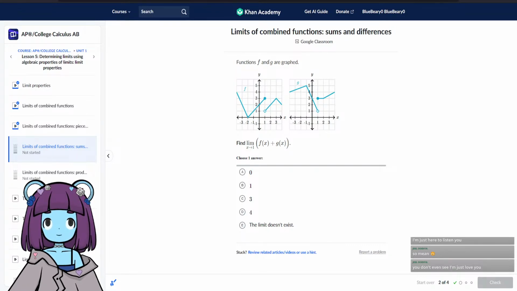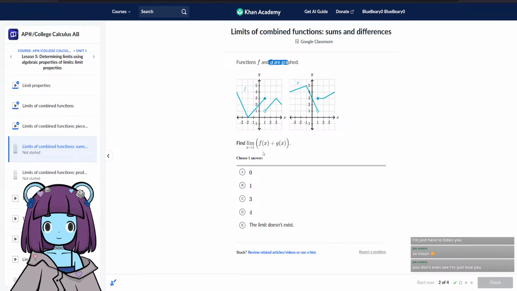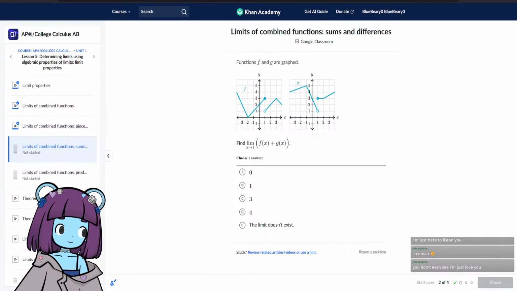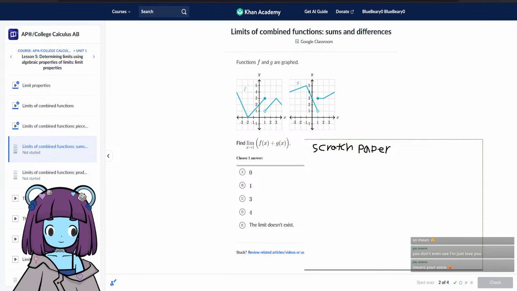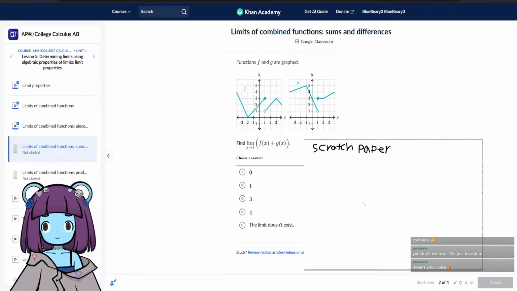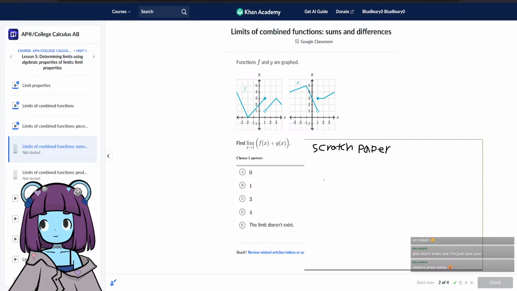Functions f and g are graphed. Okay, so we find the limit of f of x as x approaches 1. So they're different. Okay, so we do it individually. So we look at it from the left side, which is 3. Maybe I should write this down. I have scratch paper.